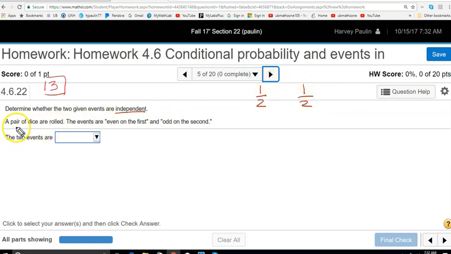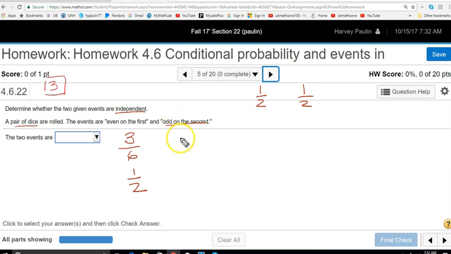So here we're rolling a pair of dice. One is going to be even. So what's the probability of this first die being even? Well, there are 3 sides of a die that are even, 2, 4, 6, out of 6 sides, which is then 1/2. And the second one is going to be odd.